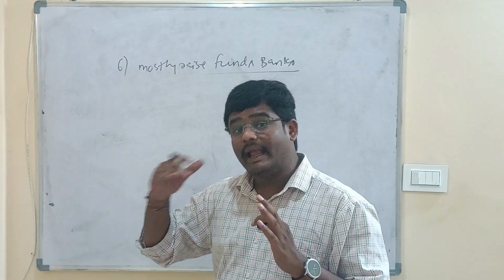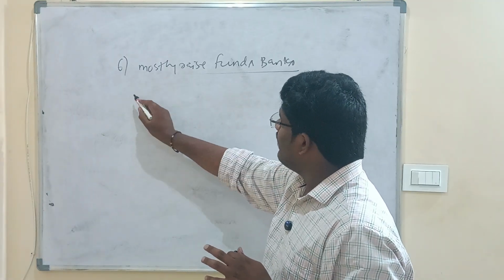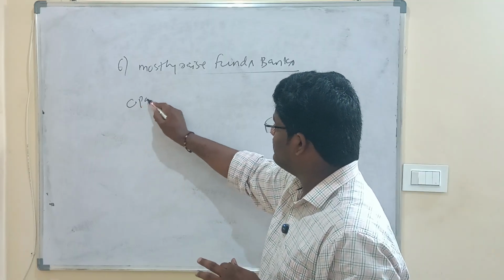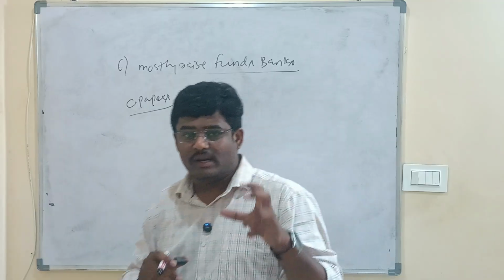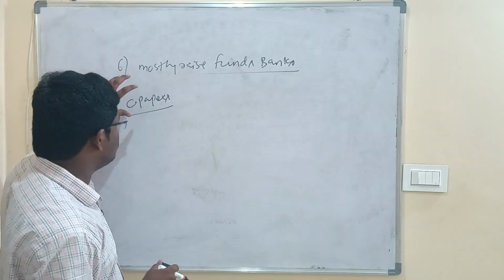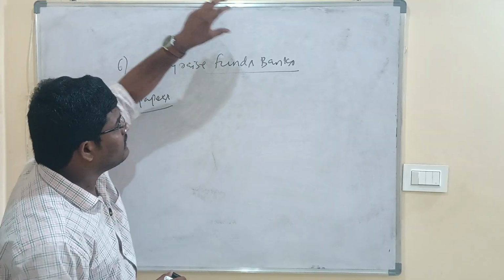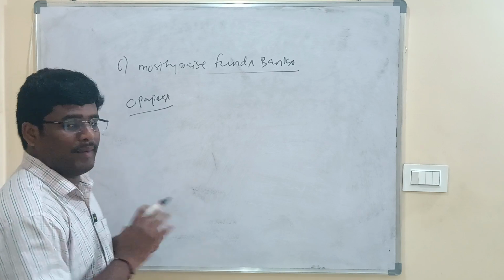There are also secondary sources of raising funds, like issuing commercial papers or shares. We know that commercial papers are issued by companies to raise funds from the public. But mostly they raise funds from banks. That is the point we have to keep in mind.